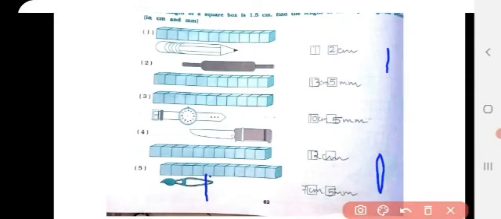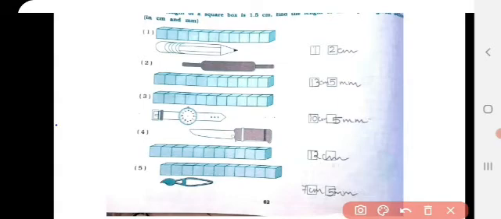Okay. Now coming to the same page number 62, you can again see that they have given some boxes, the length of the square box they had given, right? And from that, counting the boxes, you have to write the length of an object. Okay, now I just go through the sum.